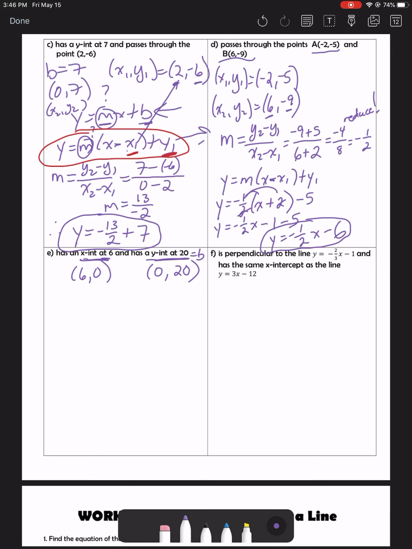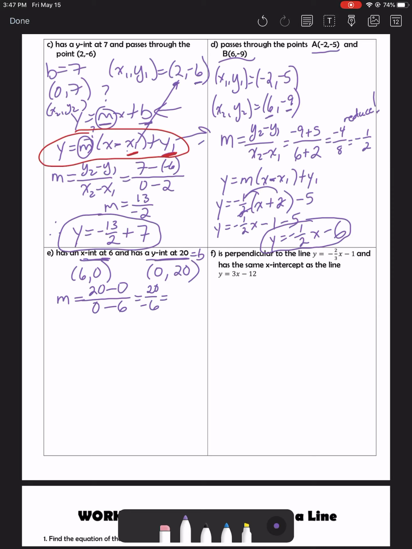So, okay, what are we going to do? What do you think? Think to yourself. What are you going to do? What do we know? Okay, as far as I know, we know 2 points, which means we can find the slope. So I'm going to do y2 minus y1. So that's 20 minus 0 over 0 minus 6, which is 20 over negative 6.